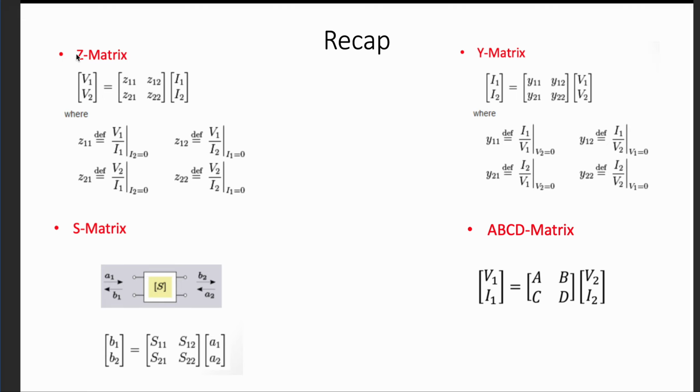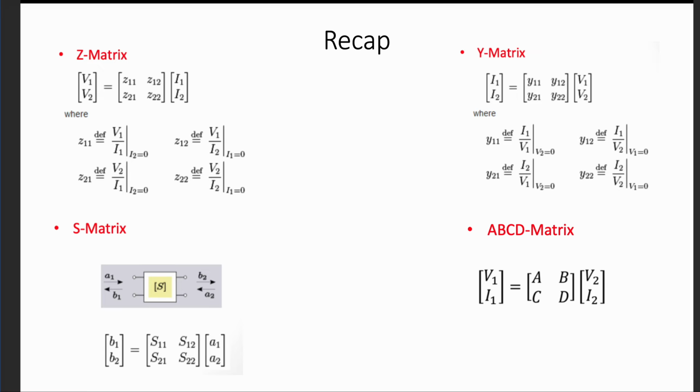This is the matrix representation: you can write V1 V2 in matrix form, which is equal to another matrix, called the Z matrix, multiplied by the current matrix. Similarly, you can describe the scattering matrix using this expression, and one can also write the admittance matrix or the ABCD matrix.